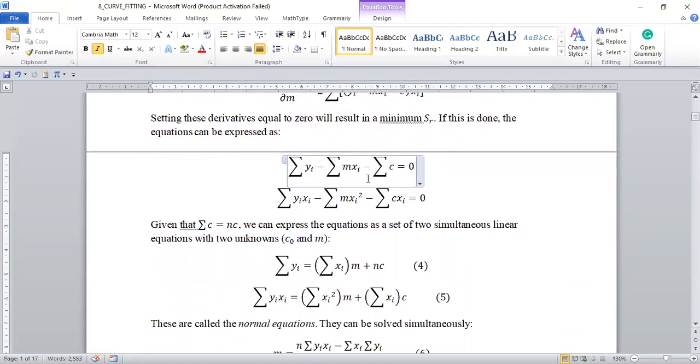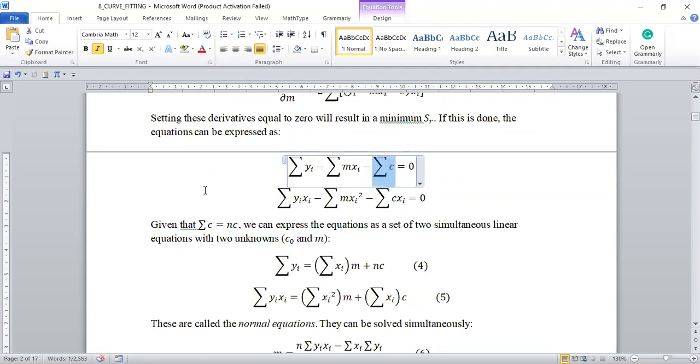Then this is a summation sign. So you are summing from 0 to n, because you are summing over a constant. So this summation sign here is just equal to n multiplied by c, because you are summing from 0 to n, and since it's a constant, you are summing over.